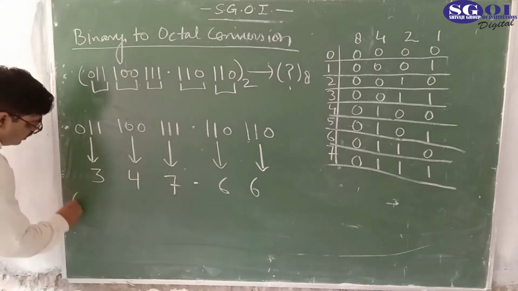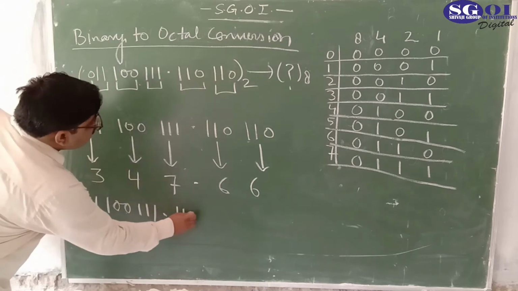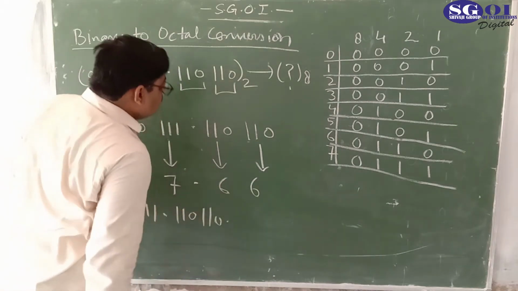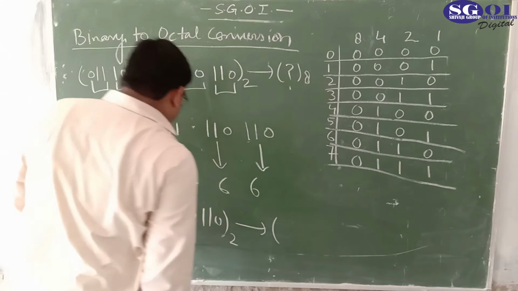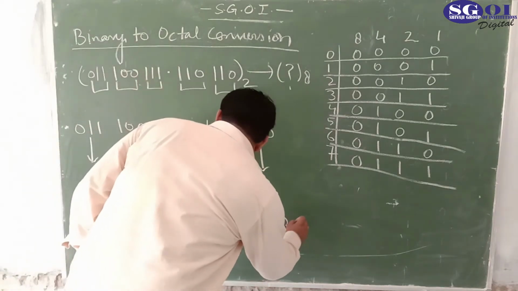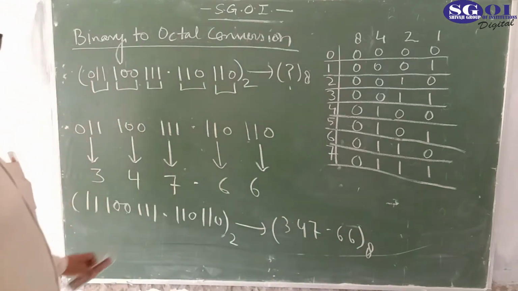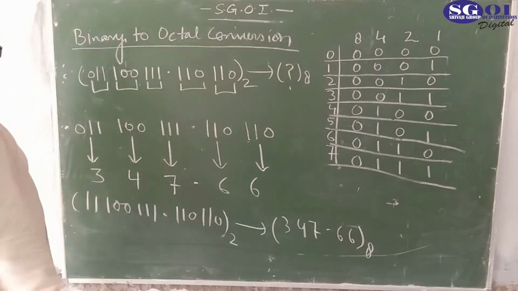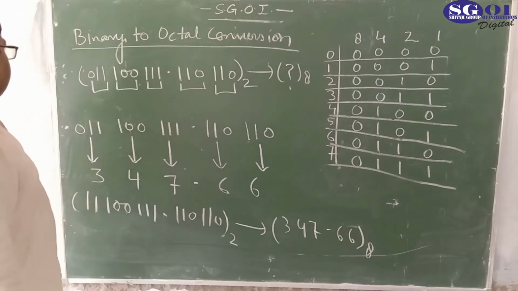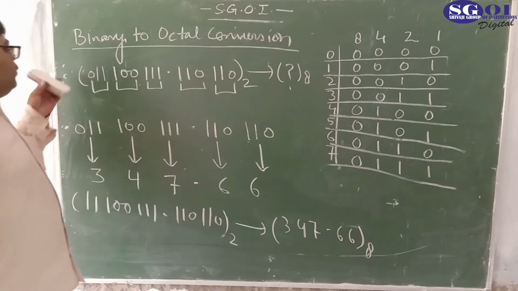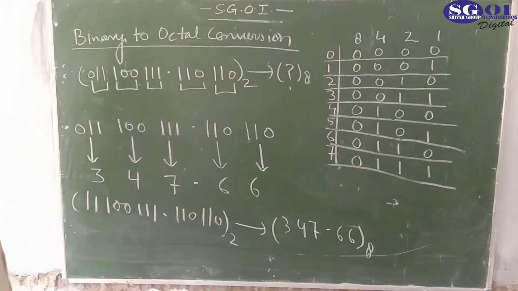So how do we write this result? 111.110 base 2, and what is its octal equivalent? 0.66 base 8. So now you understand how we find octal with reference to binary. You all understand the concept to change binary into octal.